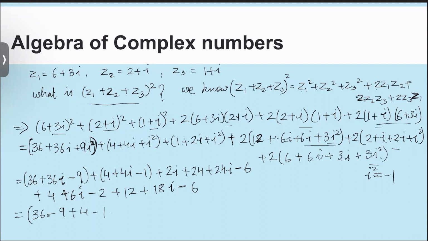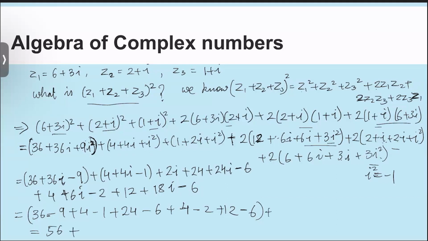And then you have plus 24. Okay, and then minus 6. Minus 6, and then you have plus 4 again. Okay, then you have minus 2 plus 12, and then lastly you have minus 6. So I'll just write the real part here. So this is 56. Okay, so the real part.